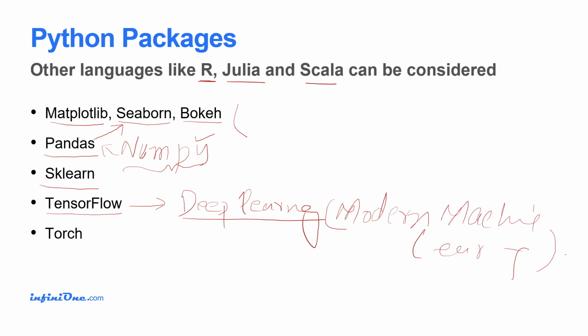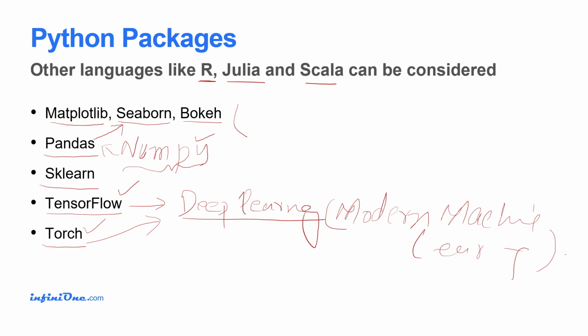Another deep learning library is Torch, sometimes called PyTorch. That is also available, and it is a good competitor of TensorFlow. It is hard to select one of these two, whether you go for TensorFlow or for Torch. Torch has its own benefits, and TensorFlow has its own comfort zones.